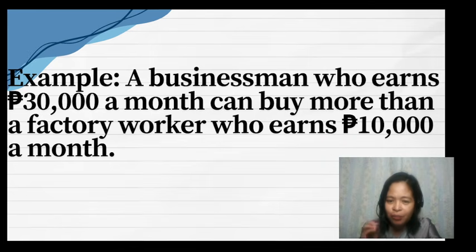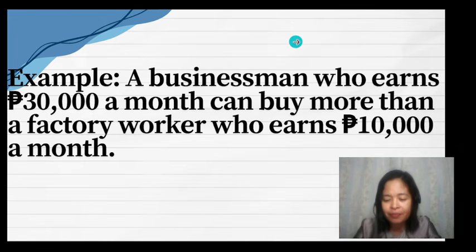So the more money you have, the more income you have, the more things, products, or services that you can afford to buy. So the first determinant of demand is income.